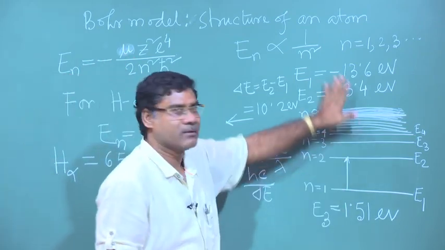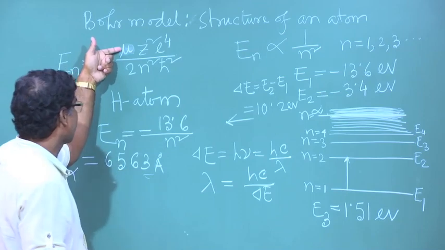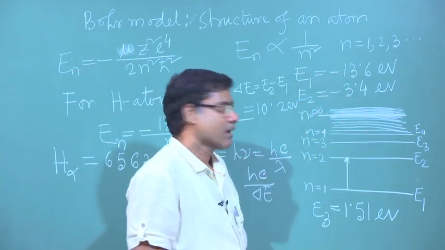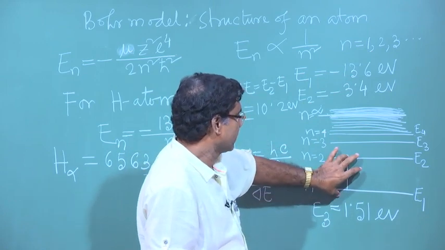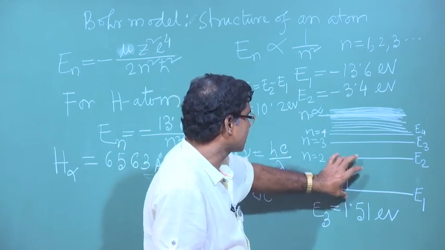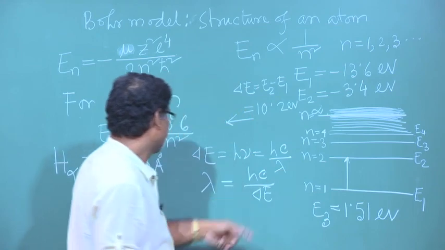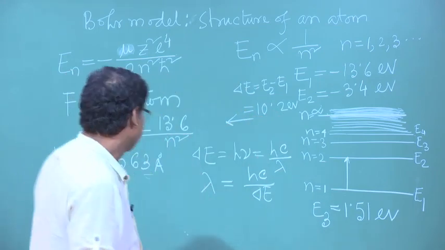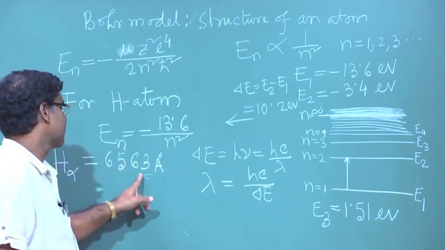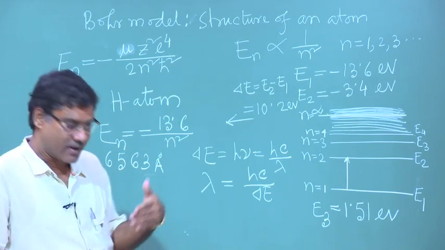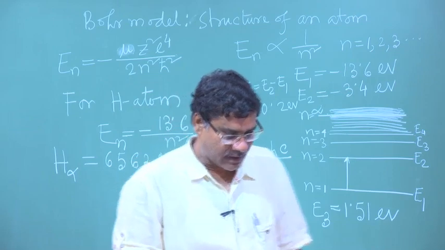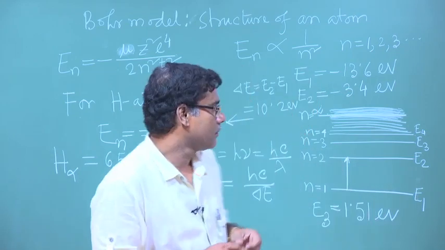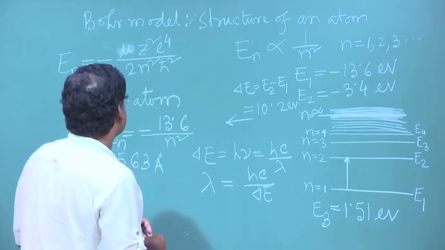If you take m, then E1 and E2 change slightly, and the corresponding delta E will not be 10.2, it is slightly different, so the spectral line will be slightly different from the experimentally observed wavelength.